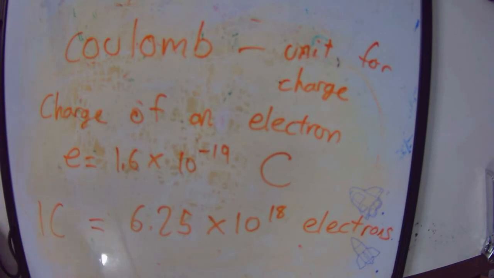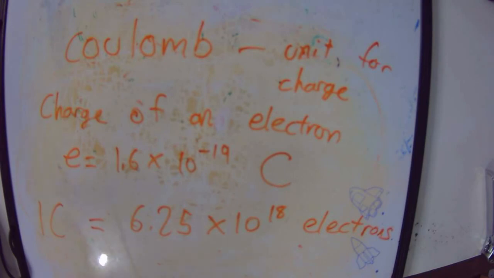So if you find a question that asks you how many electrons are flowing through the circuit, or how many electrons it has, then you need to use this formula.